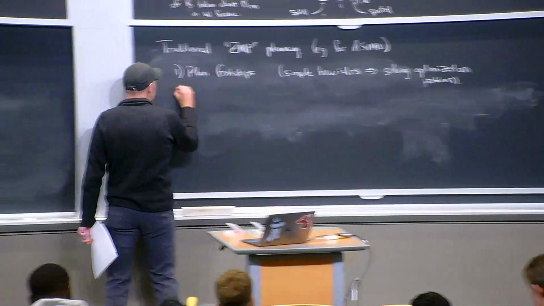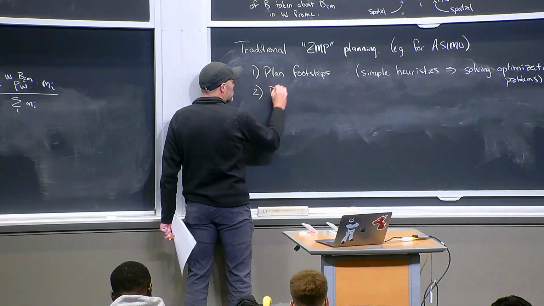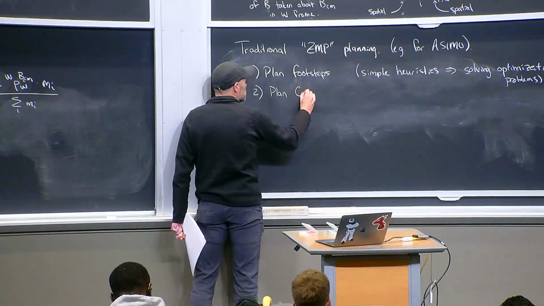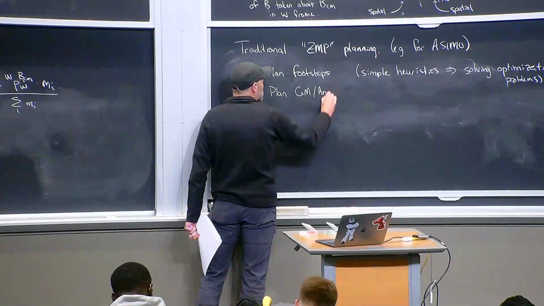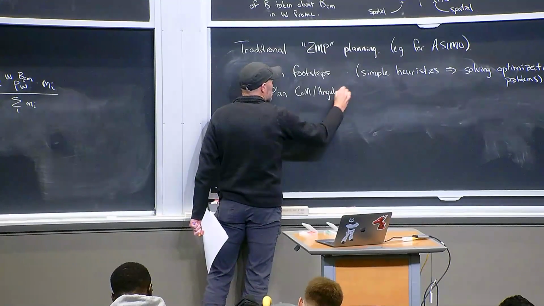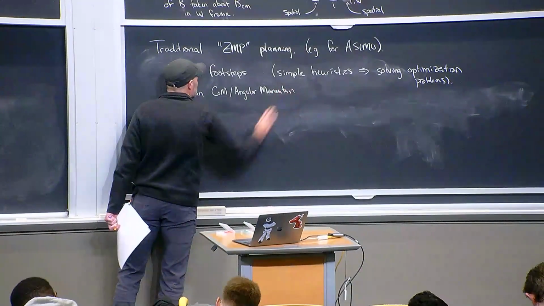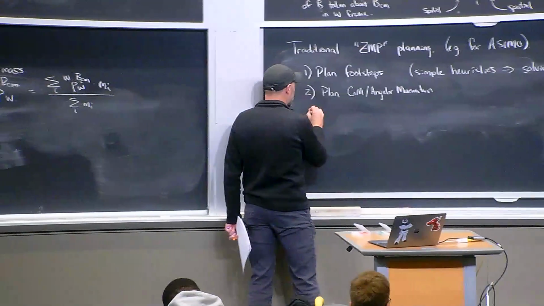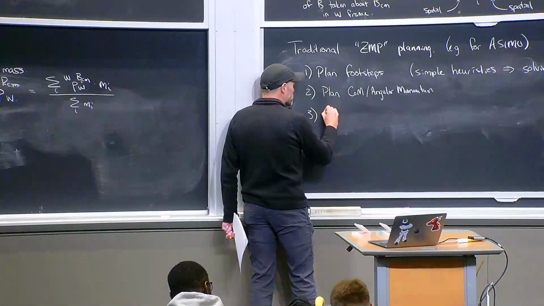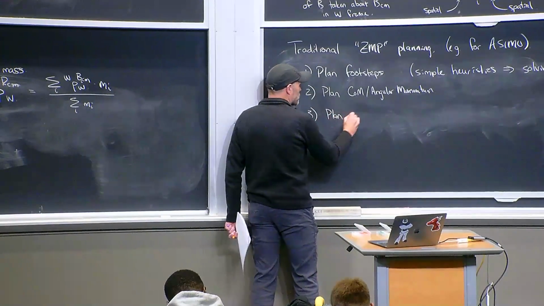The second step then is to plan the center of mass trajectory and angular momentum. Okay. And then the third step is to fill in the details, plan the actual joint angles.